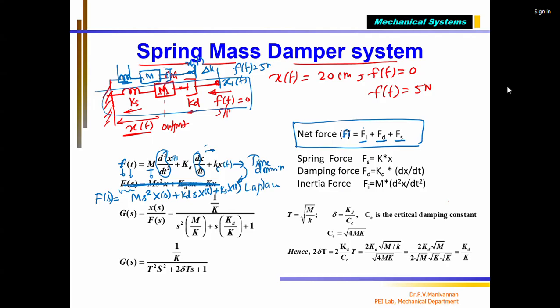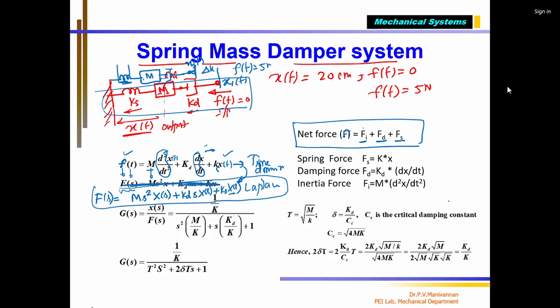In Laplace domain, they are written as capital letters. The same variable, small x, will become capital X, and similarly small f will become capital F. Force and displacement both become capital, and the constants stay, while the differential operator becomes s square or s depending on the order. So this is my Laplace domain mathematical model of my spring mass damper system.